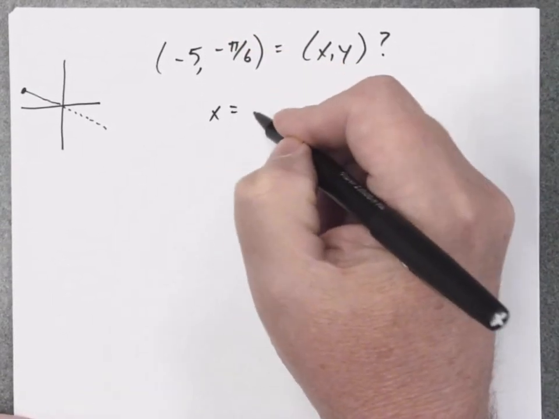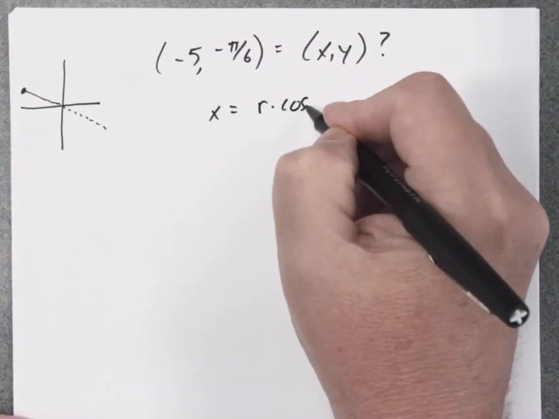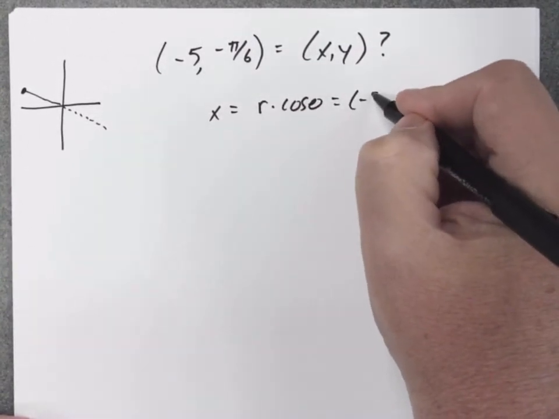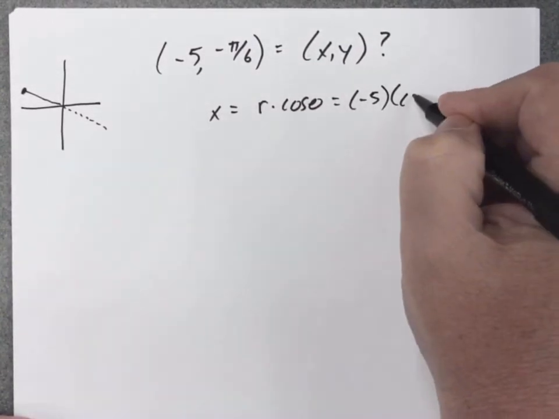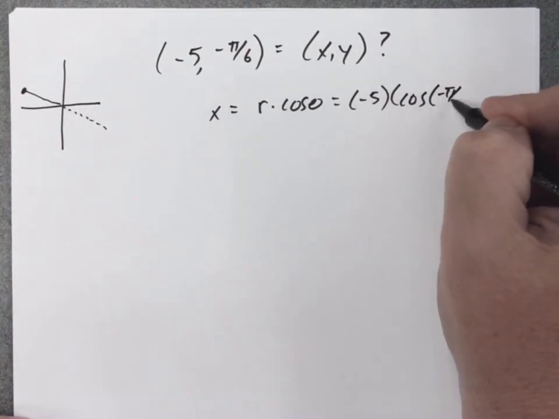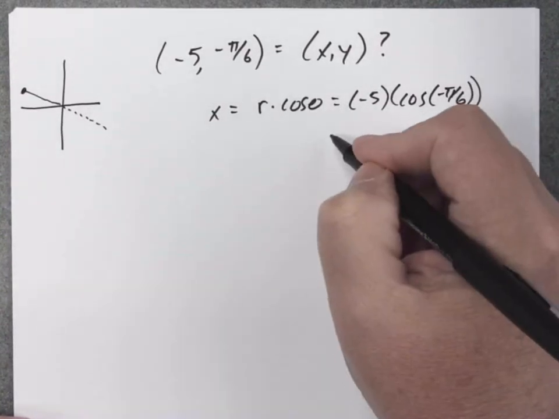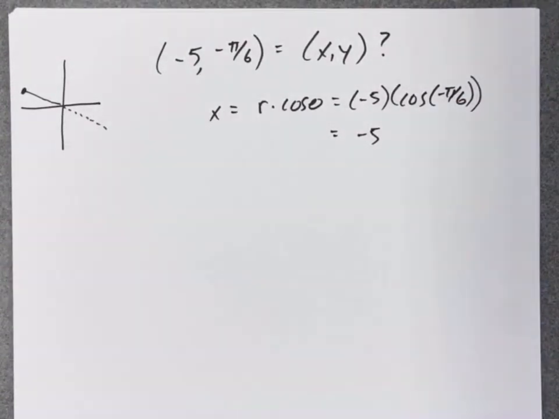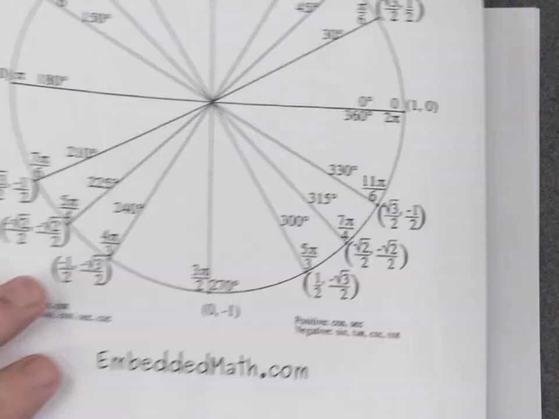x is r cosine of theta. Negative 5 cosine of negative pi over 6. Cosine of negative pi over 6 is square root of 3 over 2.